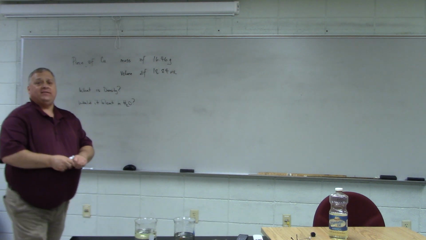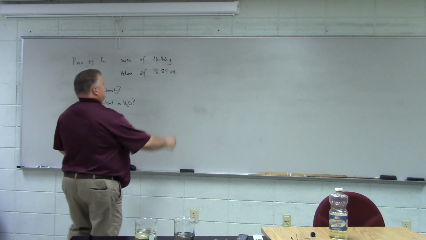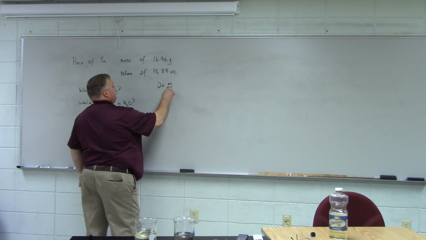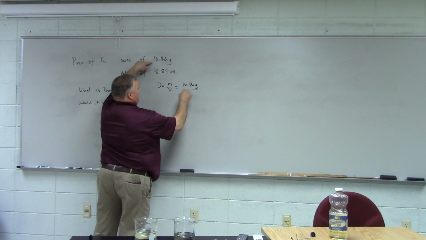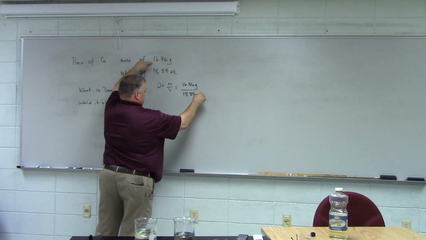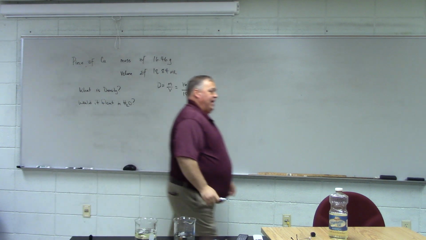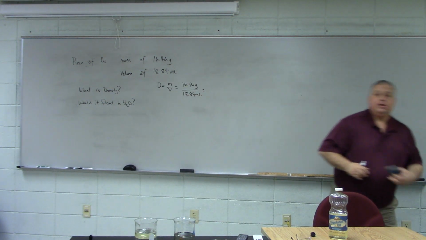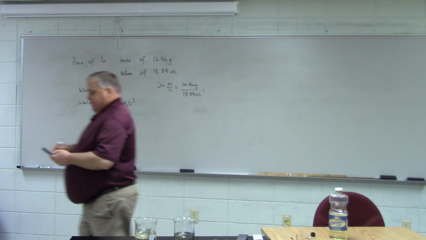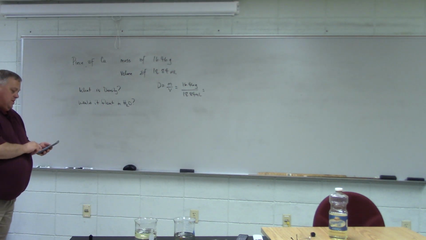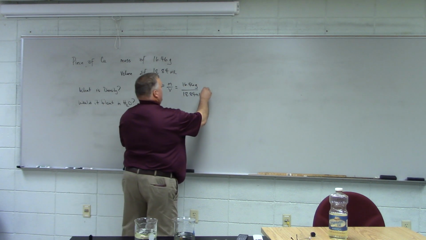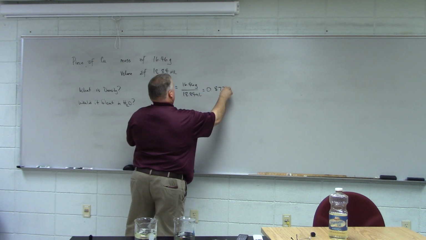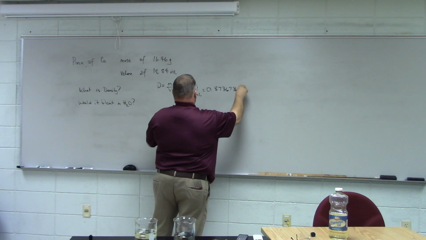Okay, well, first off, I've got to set up my density equation. So density is mass over volume, so that would be 16.46 grams over 18.84 milliliters. So if I get my calculator out and do a little bit of math, 16.46 divided by 18.84 gives me a density of 0.8736730361.